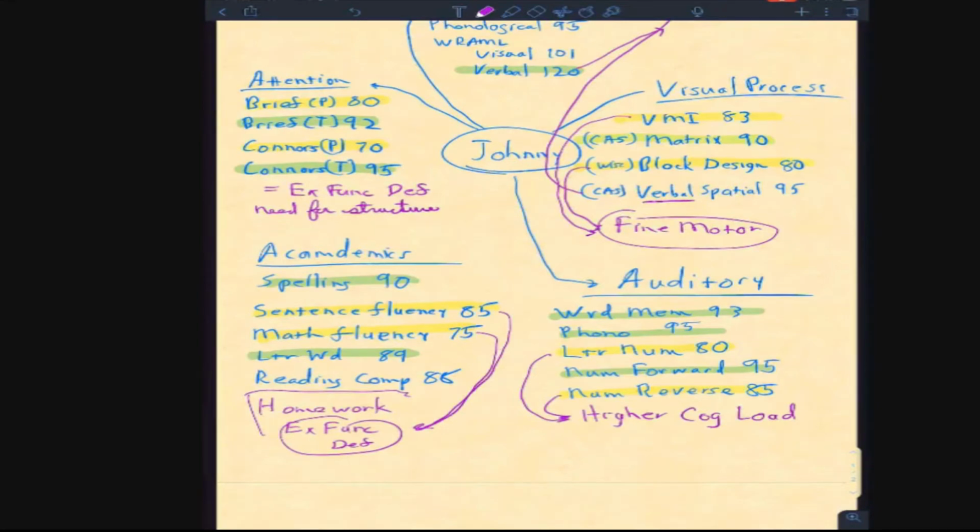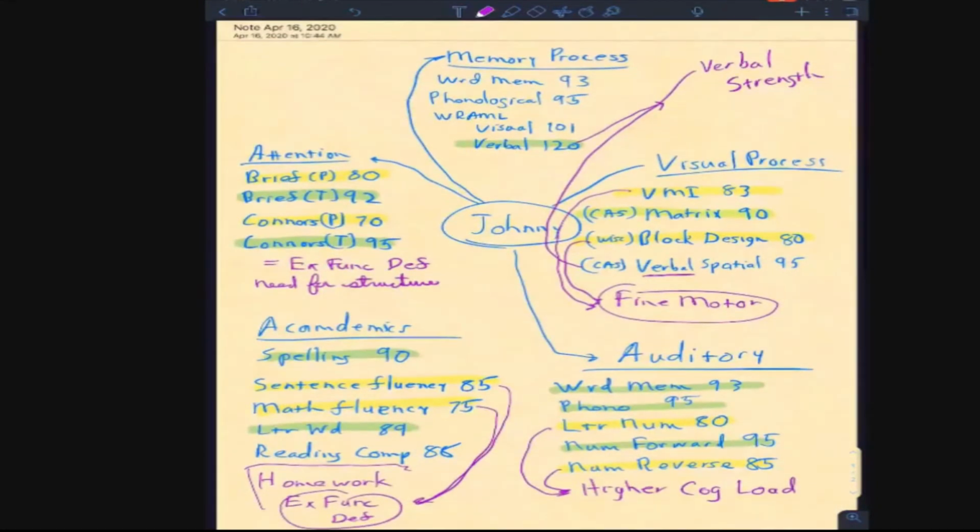I want to come back up here to the visual processing, and I want to consider for a moment that the VMI and the block design required that fine motor control. It pushed down the scores whenever we asked him to incorporate hand motion, whether it was writing or manipulating blocks.